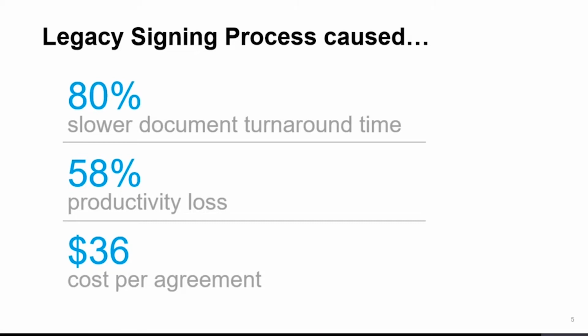Productivity-wise it's definitely also slowed down, causing some loss in overall productivity. And in terms of cost, it will definitely cost you on average about $36 per agreement. That definitely incurs logistic costs, printing costs, and so on. Those are the indirect costs that come with agreements. So it costs you quite a lot.